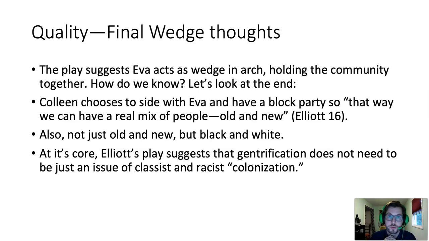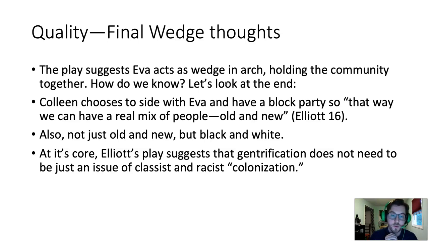It refers to black and white, rich and working class. Colleen wants to go with Eva so that together as a community, this building can have a more diverse and balanced representation. Colleen does not choose to side with Jane in her desire to take all of the older working class people who rent in the building and get rid of them.